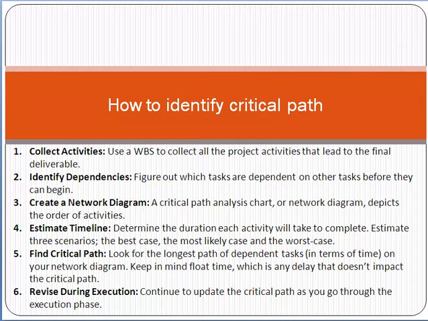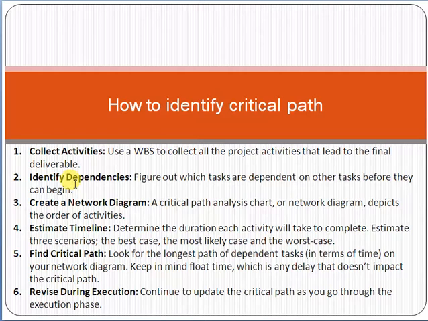What is the procedure? First of all, identify the activities. That means from the WBS, the work breakdown structure, you have to identify the activities which you need to complete and accomplish for a project. Then identify the dependencies between the activities. Dependency means the relationship between the activities, like which activity will finish, then which activity will start.